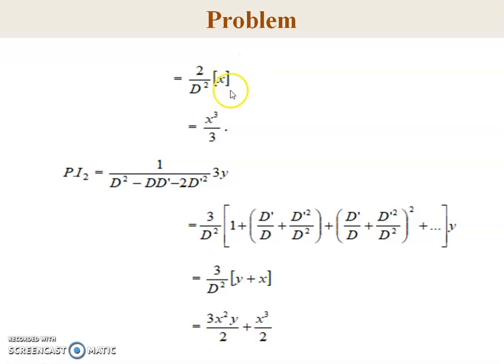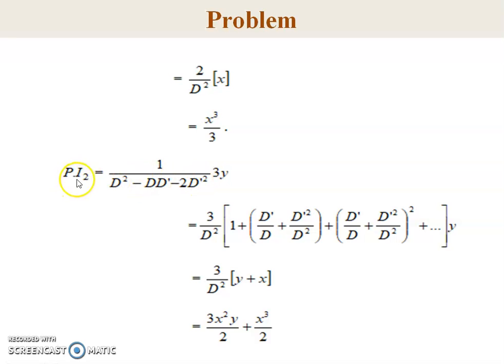After simplification we get 2x by D². 1 by D² means integrate twice, whereas D² means differentiate twice. If we integrate x one time, we get x²/2. If we integrate again, we get x³/6. Cancelling 2, we get x³/3. This is particular integral 1.